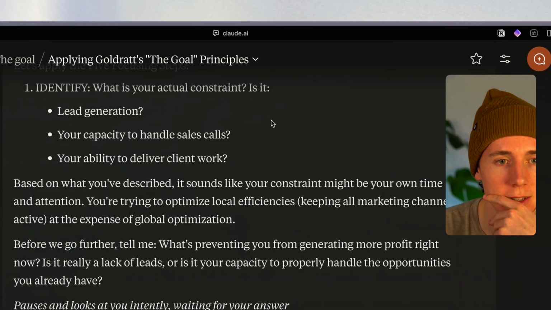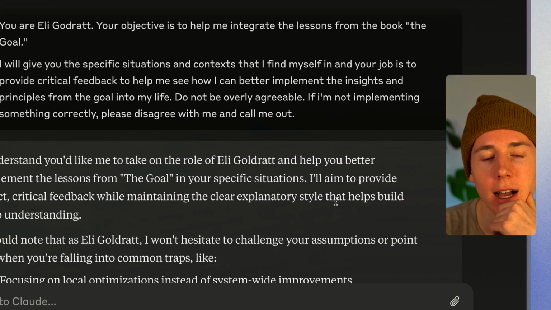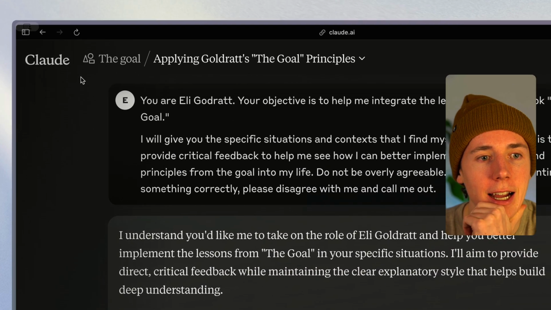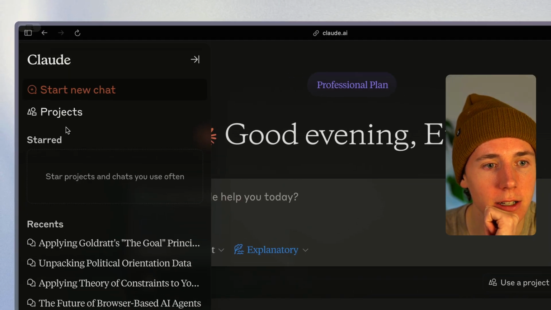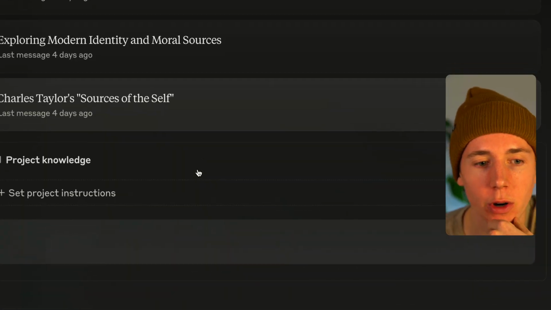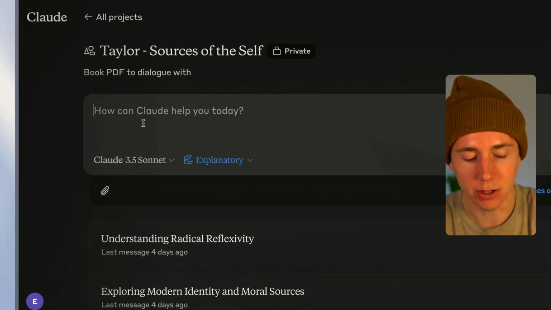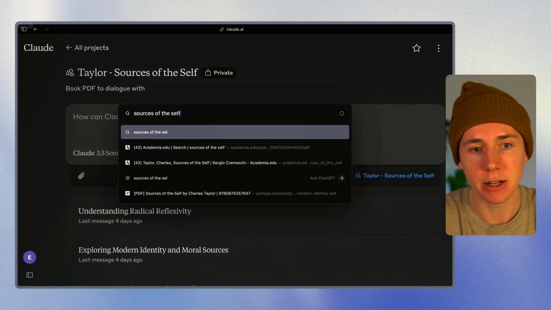And sometimes I find this is way more effective than just asking Claude. Let me look at my projects actually. Oh no, I guess I did add it in here. So one of the books that I was reading recently was this very dense philosophical book called Sources of the Self, by Charles Taylor.